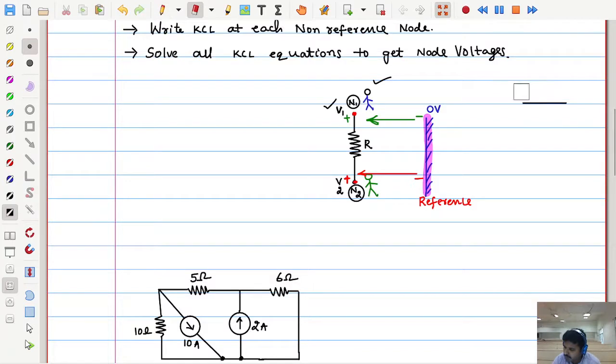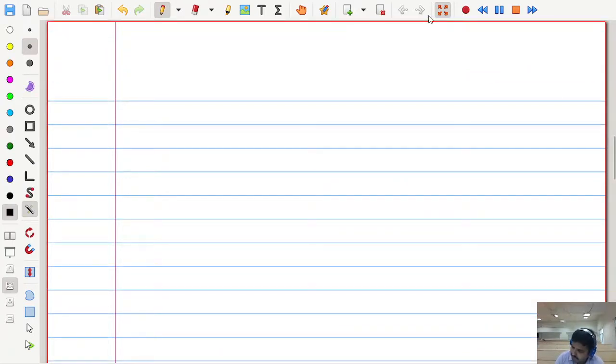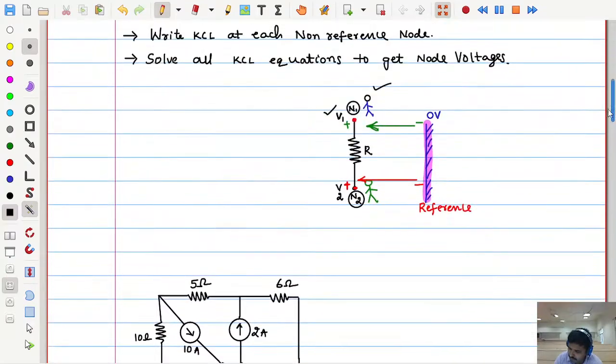So now just try to see here. If my voltage is more than the other person's, how much is the voltage difference across this element between these two persons? One side is V1, the other side is V2. How much is the difference? V1 minus V2.